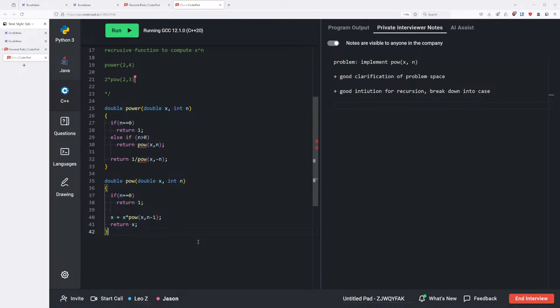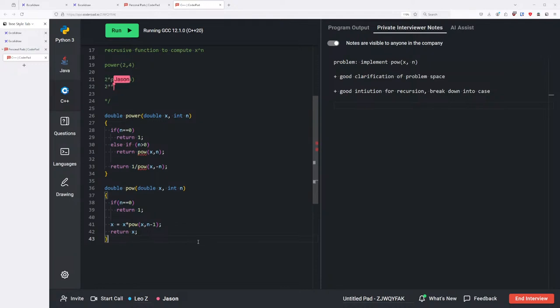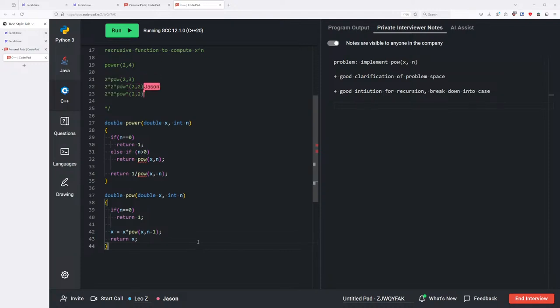And then into this recursive function, we could break that down to once again 2 times 2 to the power of 2, and then we keep on going until we get to 2 times 2 to the power of 1.